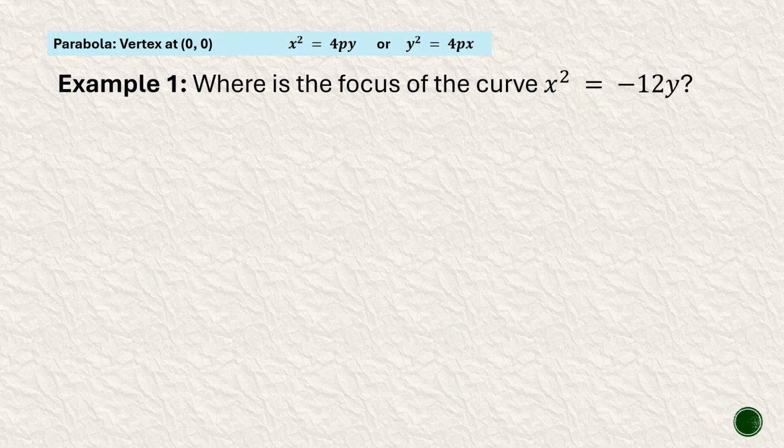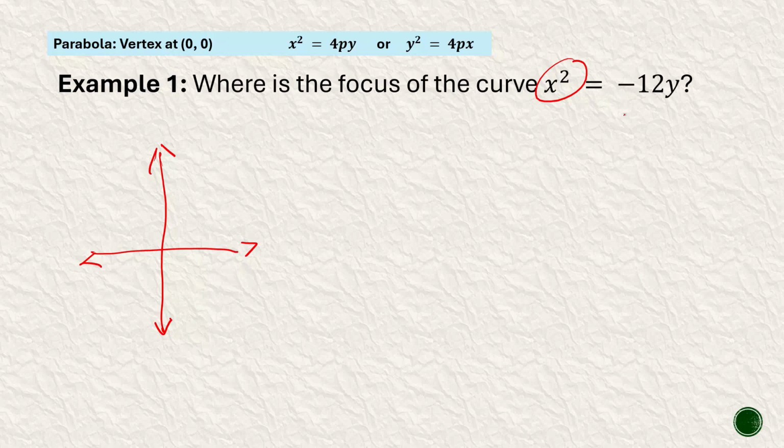All right, so here, the first thing I want to do is I want you to understand the image of the parabola. So here the parabola opens downward. So how will we know that the parabola opens downward? Two things. Number one, the one with the square is the variable x. So if you see that, and on the right side you see it's negative 12, that means the parabola opens downward.